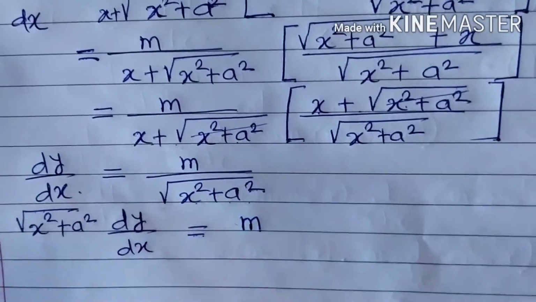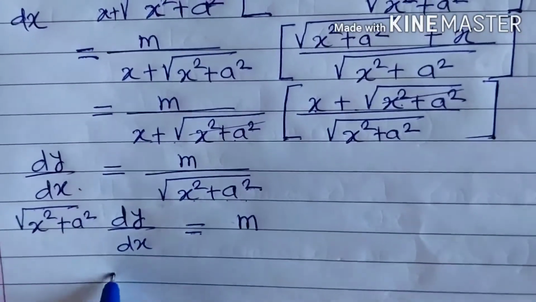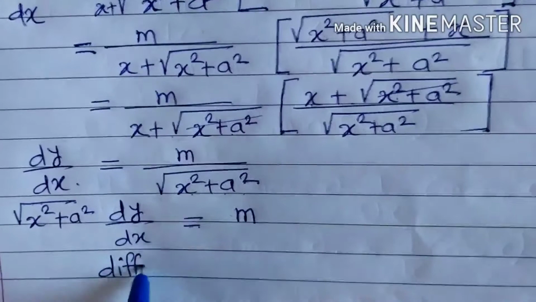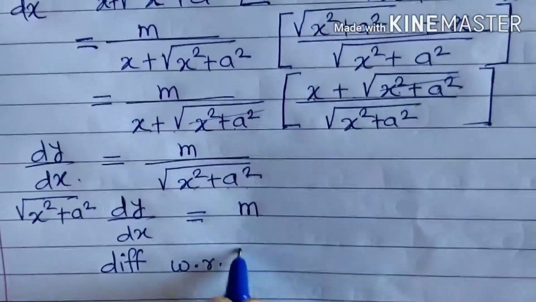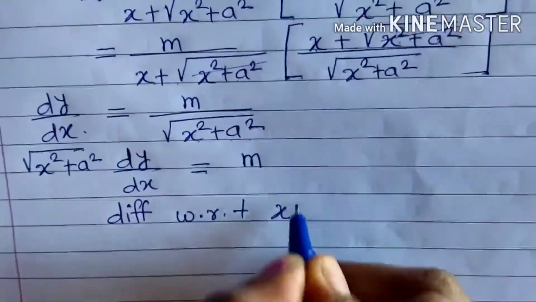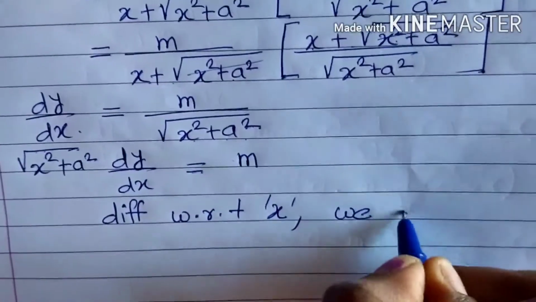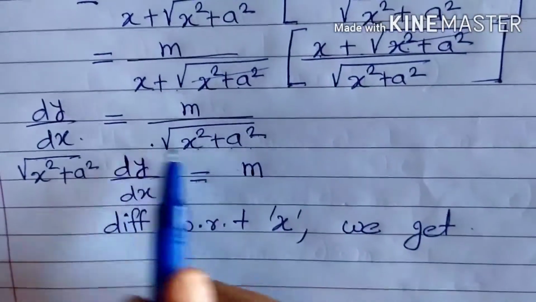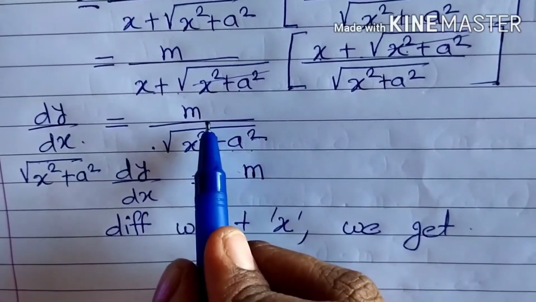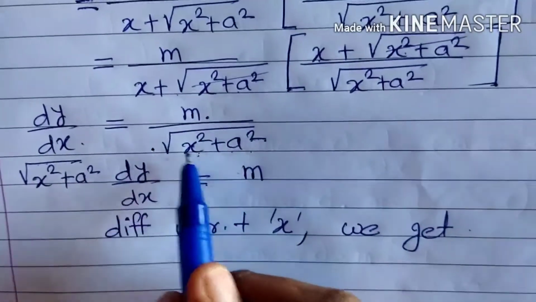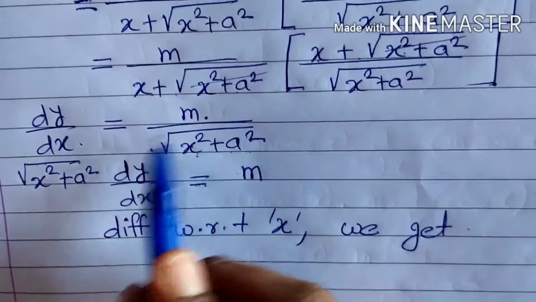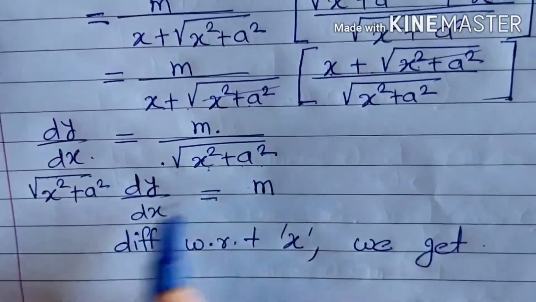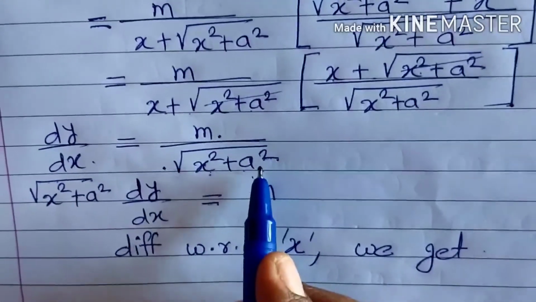You can differentiate now. So differentiate with respect to x, we get. You can differentiate here also, but it will become m upon under root of x square plus a square, so it is very difficult to solve.